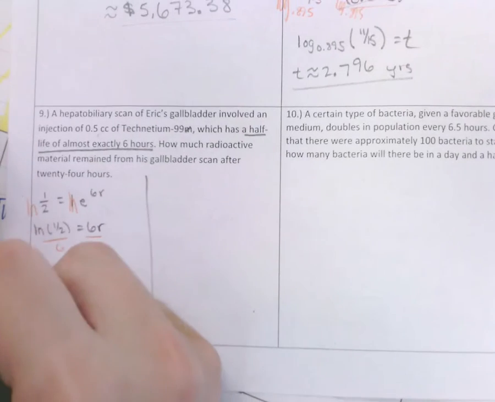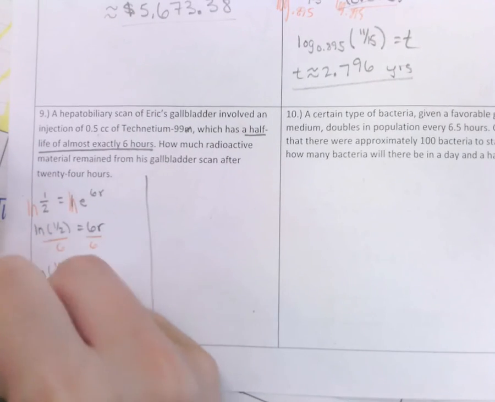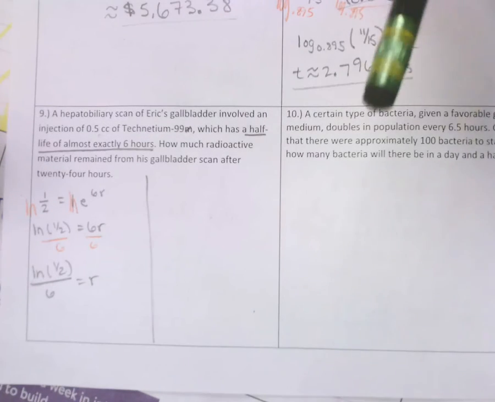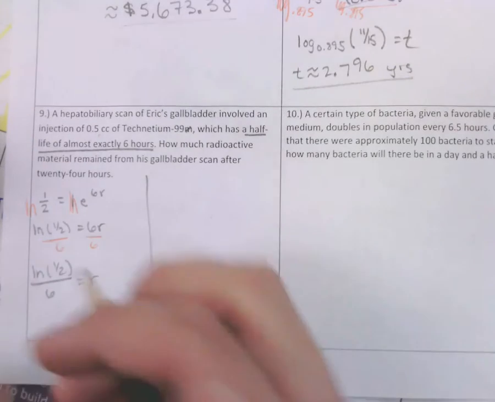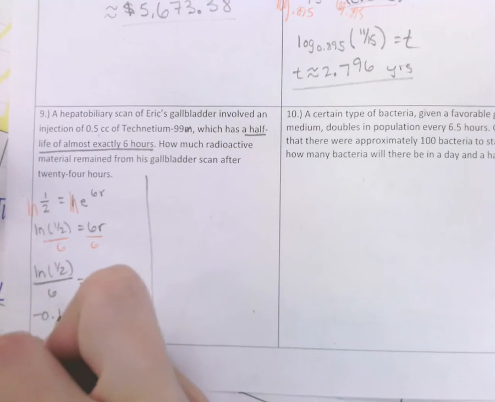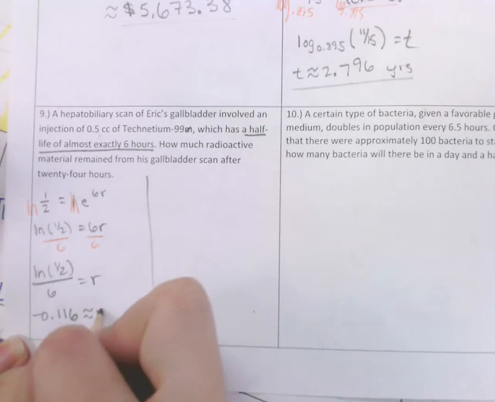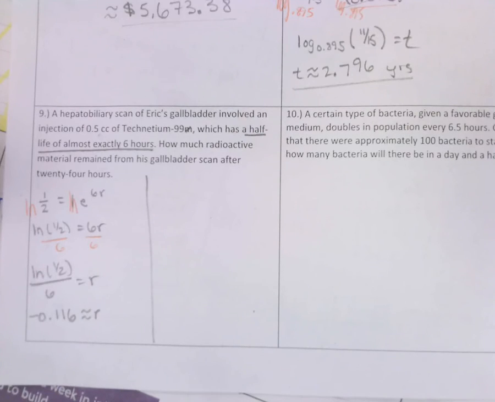Whatever the natural log of 1/2 over 6 is, that's my R. What is that? 0.116 negative. That's approximately 11.6% per hour.